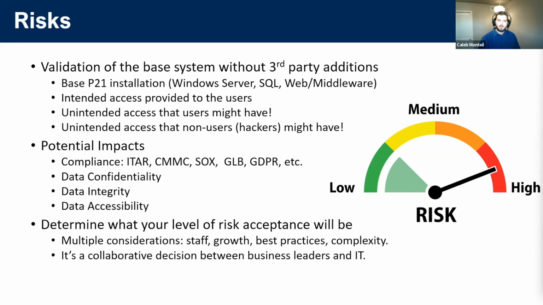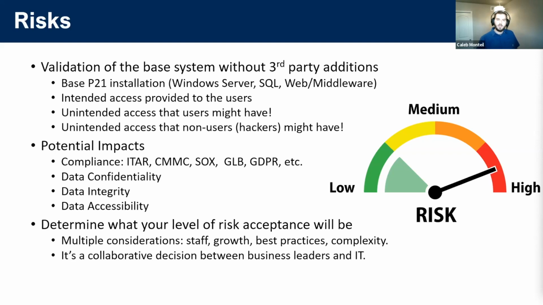Validating the base system includes the base P21 installation, and that also goes along with the intended access that you want for the users. But you also have unintended access, things that happen during setup or troubleshooting, solving a problem, and this can turn into unintended access for your users, but also unintentionally giving access to non-users as well.